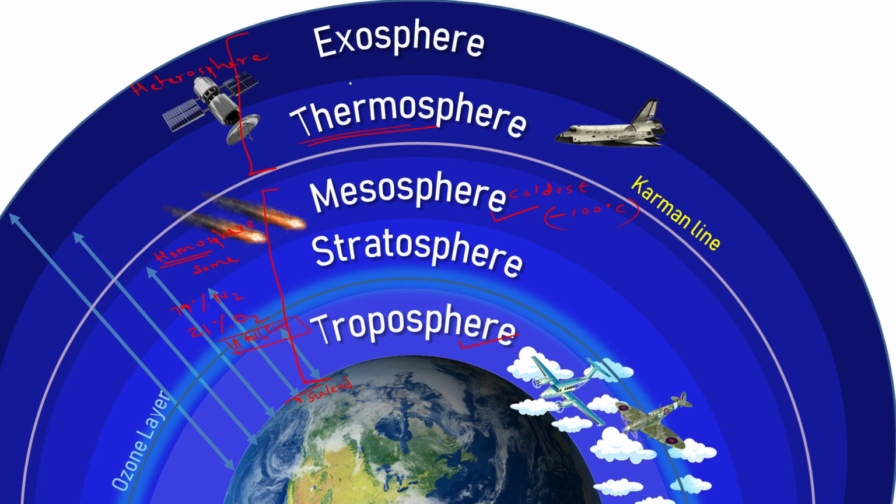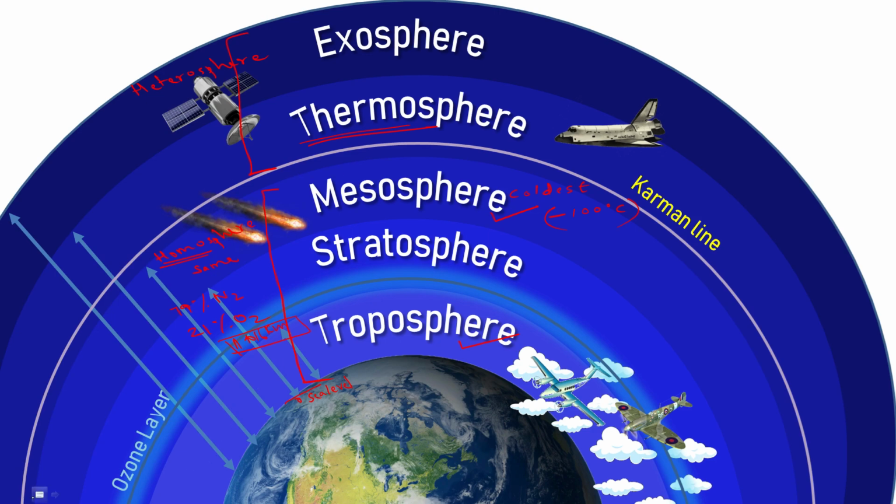Which is nearer to the sun, exosphere or thermosphere? It depends. The sun is too hot, right? So we are not going to consider that. We are not studying the solar system here. Keep that in mind. Remember these things alone.